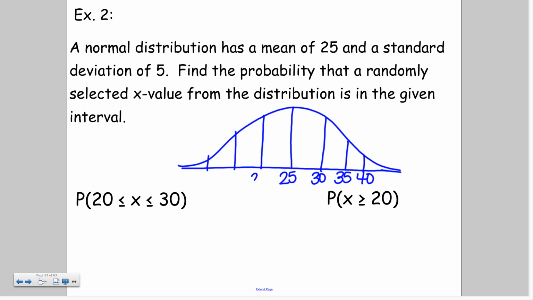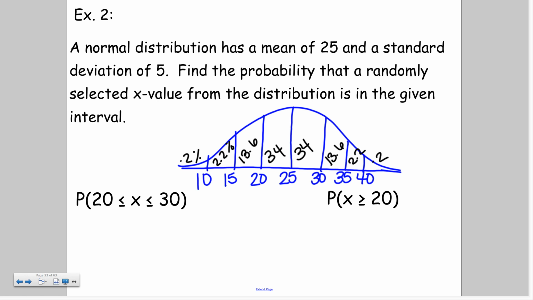Then on this side, I'm going to subtract: 20, 15, and 10. Now, I can't forget my percentages. That should be memorized. 0.2%, 2.2, 13.6, 34, 34, 13.6, 2.2, and 0.2. You don't have to put the percentage signs as long as you remember that it is percent. Now, you should only have to draw this one time because it'll cover all of them, but I'm going to have to draw it again when we change pages, okay?